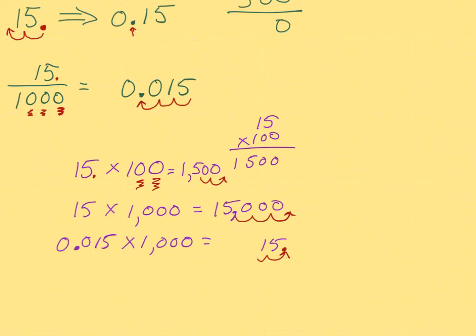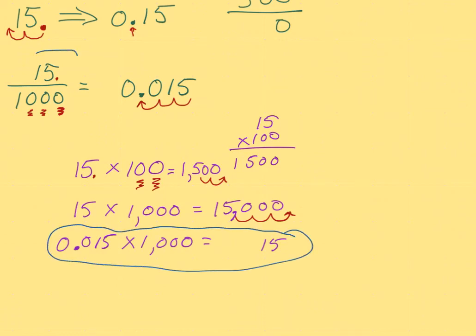And since we don't have any numbers to the right of the decimal point, we don't really need the decimal point either, do we? And look at what we got. 0.015 times 1,000 equals 15. Does that look a little familiar? Hopefully it does, because compare that to this. 15 divided by 1,000 equals 15 thousandths, and 15 thousandths times 1,000 equals 15.